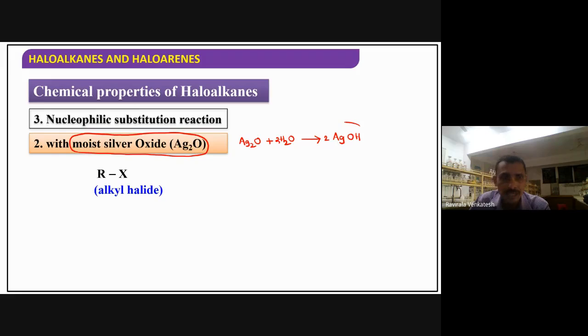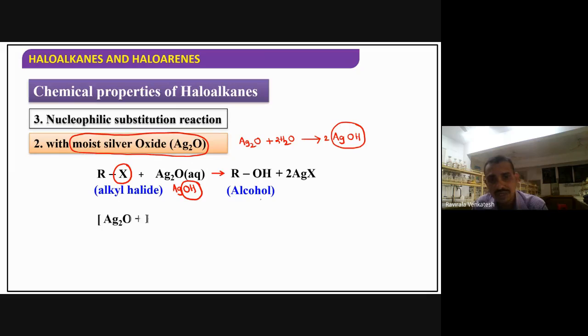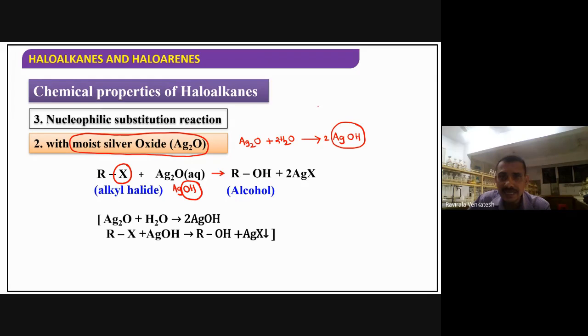If they say moist silver oxide, we have to take AgOH. That is the meaning here. Again, OH will replace X to convert into ROH, and again we get alcohol. One more reagent is dry silver oxide, Ag2O, which I will explain in the ether topic.